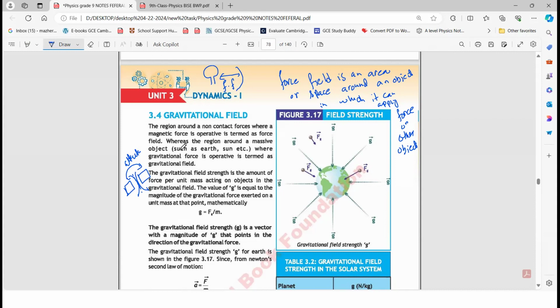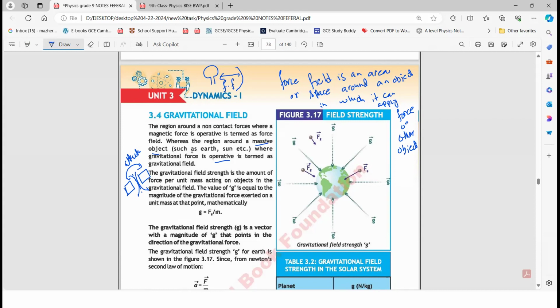So similarly, how do we define gravitational force? Gravitational force is operative in the region around a massive object. कल मैं आपको बता रहा था ना कि gravitational force is only influenced if there is a major difference of mass between the two bodies. For example, if a person is standing next to a planet, there would be a major effect on it, and मतलब उसमें अच्छा खासा will feel the effect of gravity there.